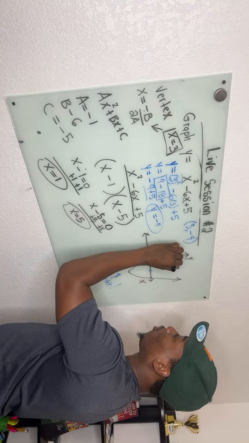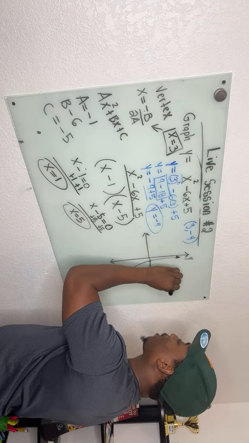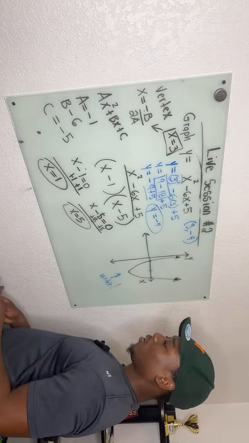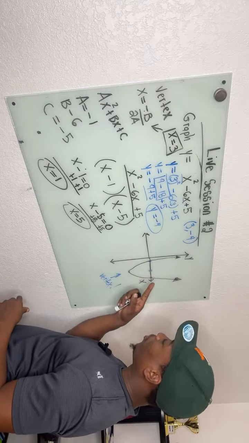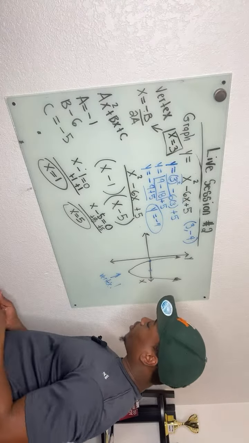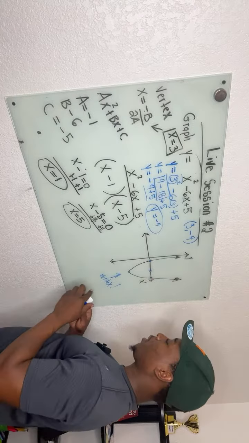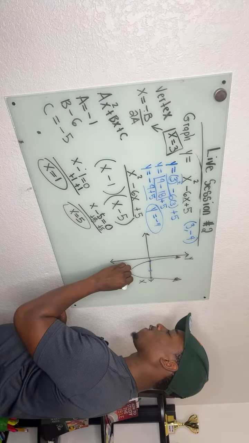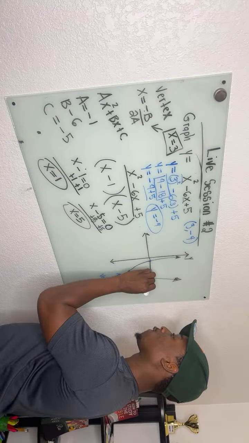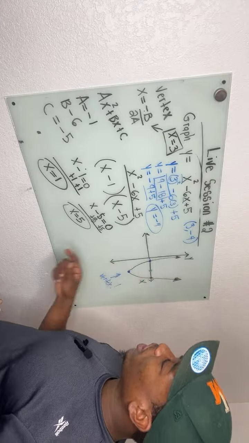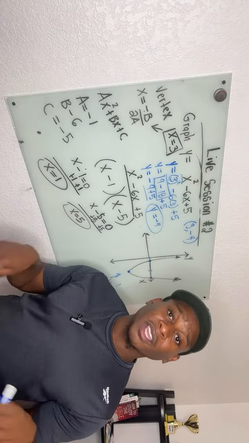This is what our graph should look like as a quick sketch, and we have both our zeros and our vertex down at the bottom. Let's darken these up. This is how you graph a quadratic equation. It's going to look like a U.